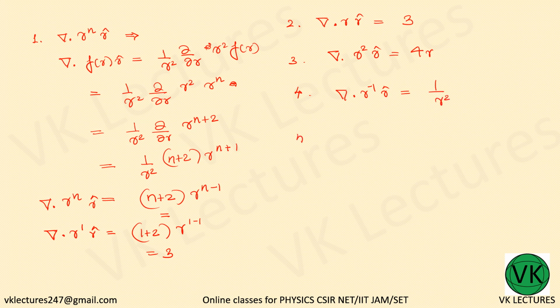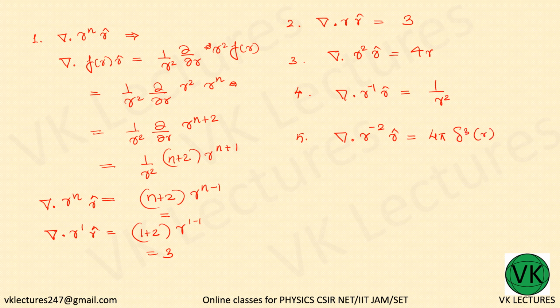Now the fifth one, that's important: del dot r^(-2) r cap is equal to 4 pi delta cube of r.